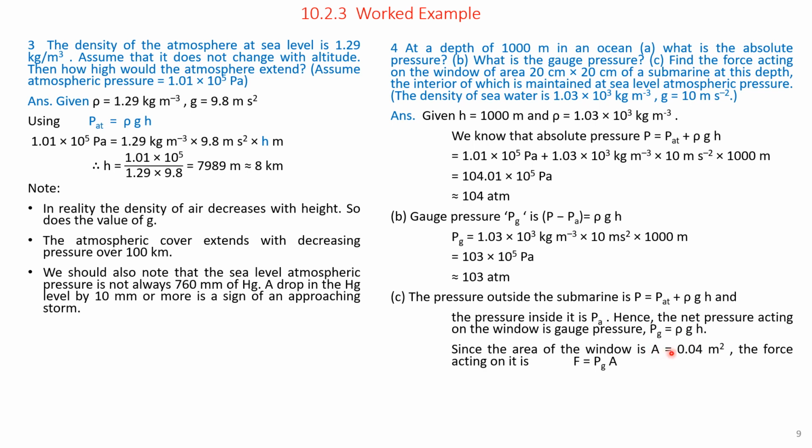Since the area of window is A, 0.04 meter square, the force F is equal to Pg into A. Putting the values, we get F is equal to 103 into 10 to the power of 5 pascals into 0.04 meter square. That is equal to 4.12 into 10 to the power of 5 newtons.